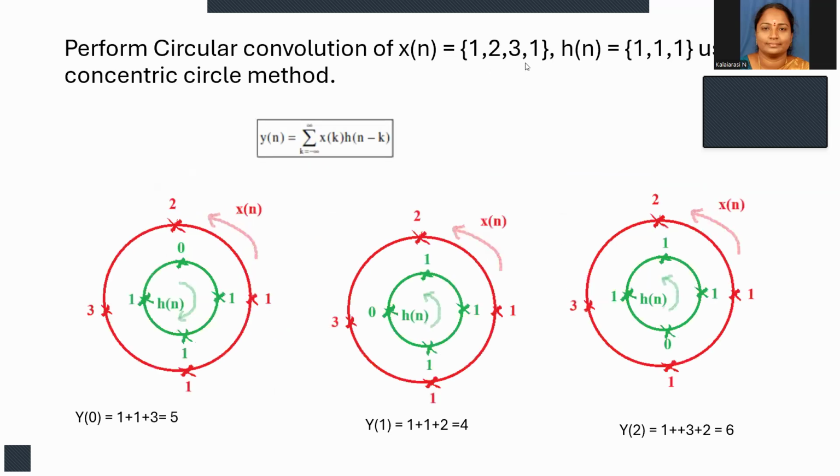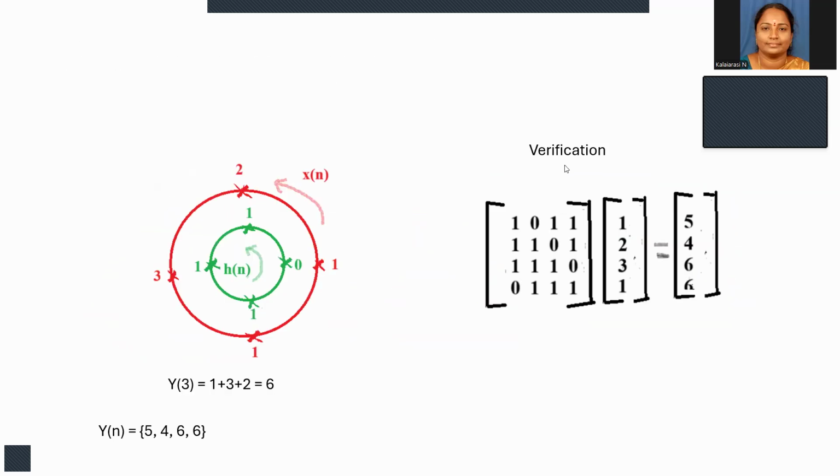Then the second sequence is 1, 2, 3, 1. Write it as a column vector. Then multiply the first row and this column: 1 into 1, 1; 1 into 0, 0; 1 into 3, 3; 1 into 1, 1. So 1 plus 3, 4; 4 plus 1, 5. It is like matrix multiplication.